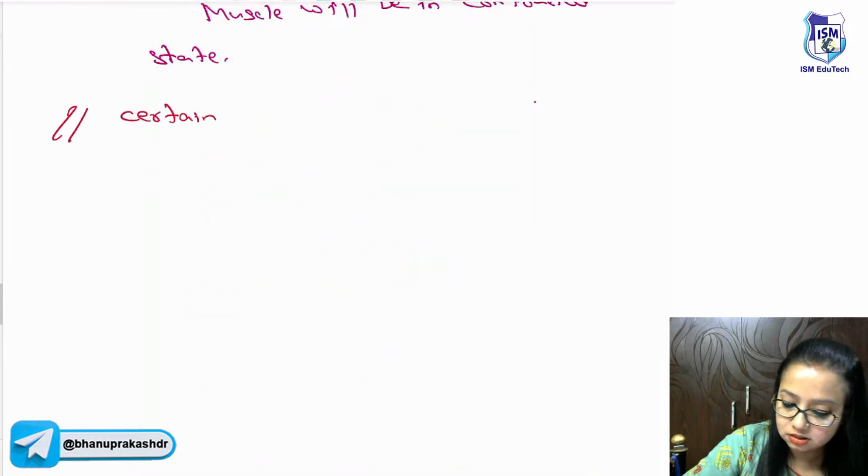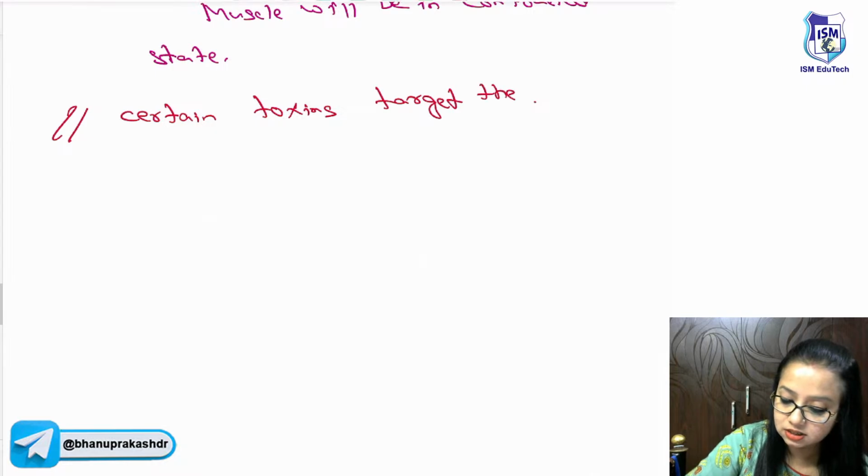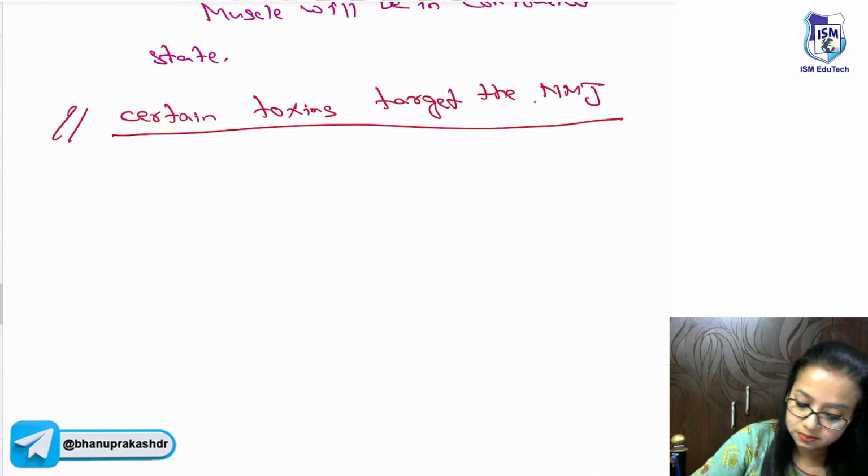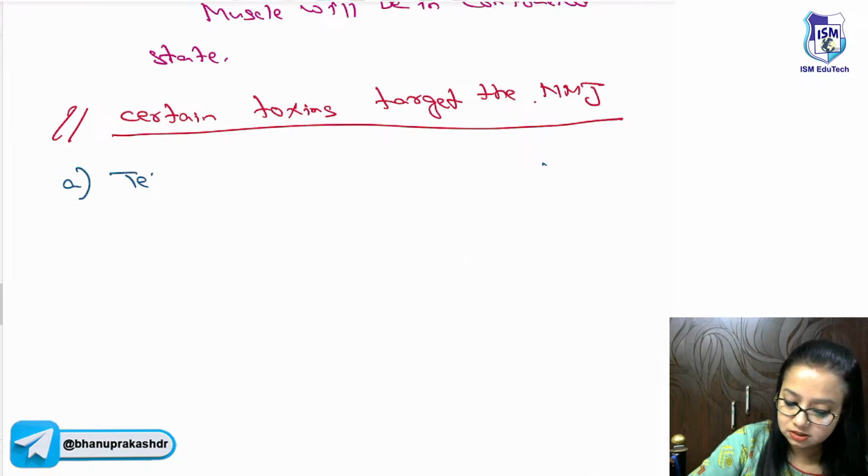Certain toxins target the neuromuscular junction. For example, tetrodotoxin.